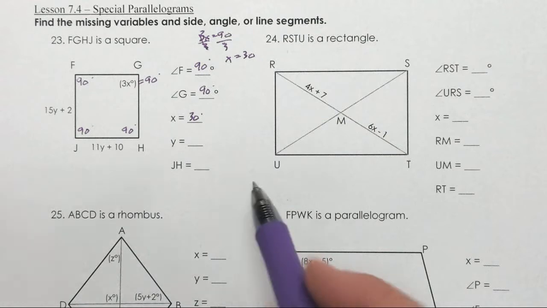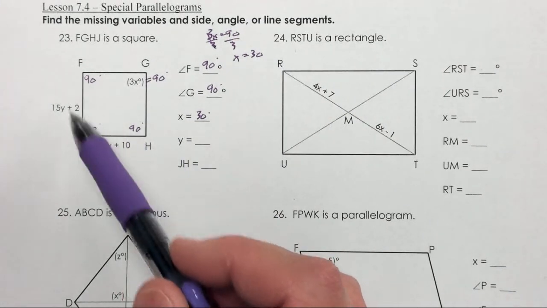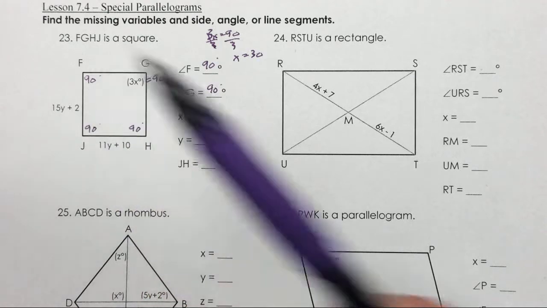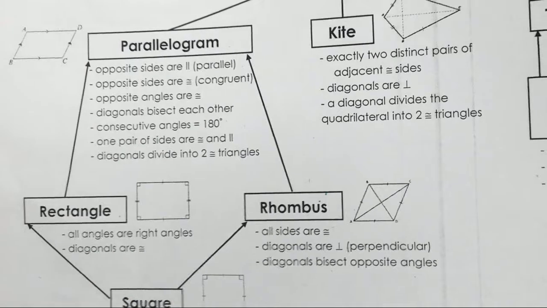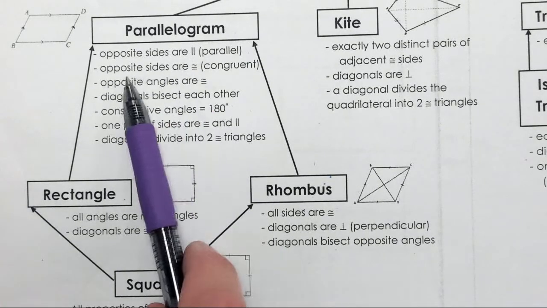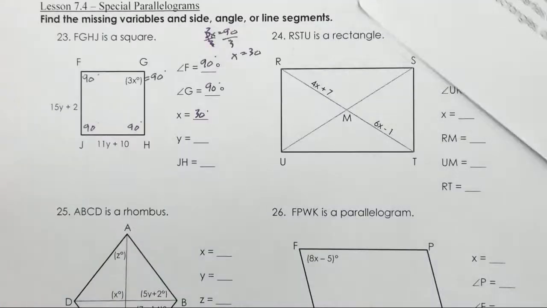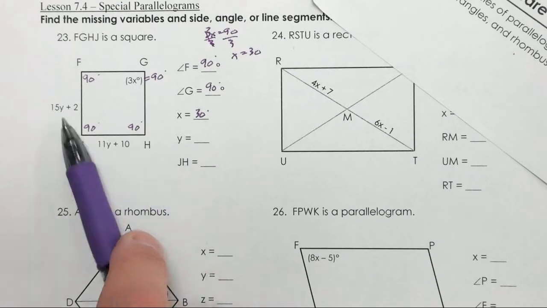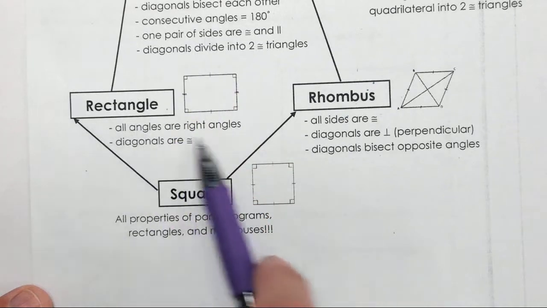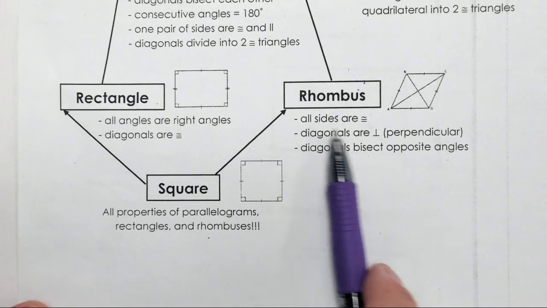And then moving on here, we need to find y. Well, y is on these 2 sides here. And then what's special about sides on a square? Well, let's go back to the quadrilateral flowchart and look at sides. So opposite sides are parallel, not going to help me. Opposite sides are congruent. Are those opposite sides? They're not opposite sides, so that's not going to help me. If I keep looking around here, here we go. All sides are congruent.